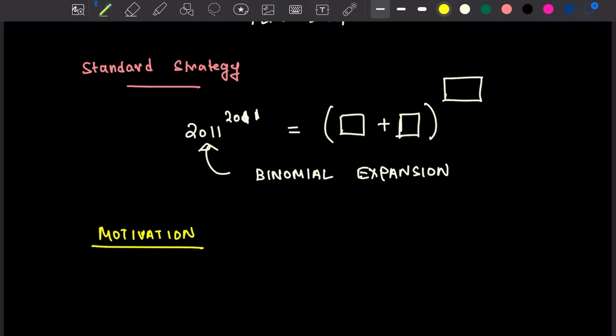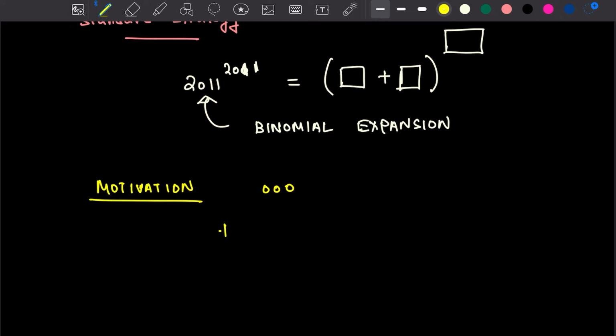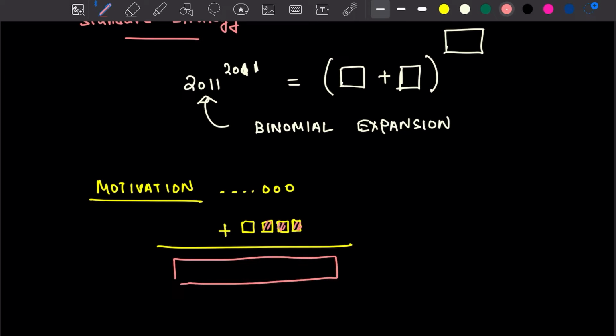Well, the motivation is this. If you look at the expression with the last three digits as 0, and then if you add to that something small, so if you add two numbers, the first number having the last three digits 0 and the second number having something small, which is more computable, then the last three digits of the second number is the last three digits of the entire sum.